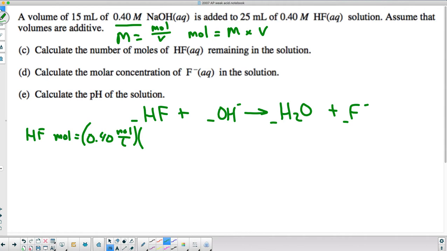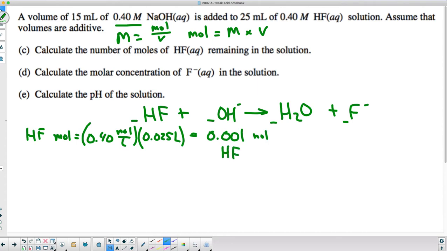The milliliters of this is 25, so 0.025 liters. I move 3 places to the left to go from milliliters to liters. Whatever that equals is 0.4 times 0.025, and that gives me 0.01 moles of the HF.